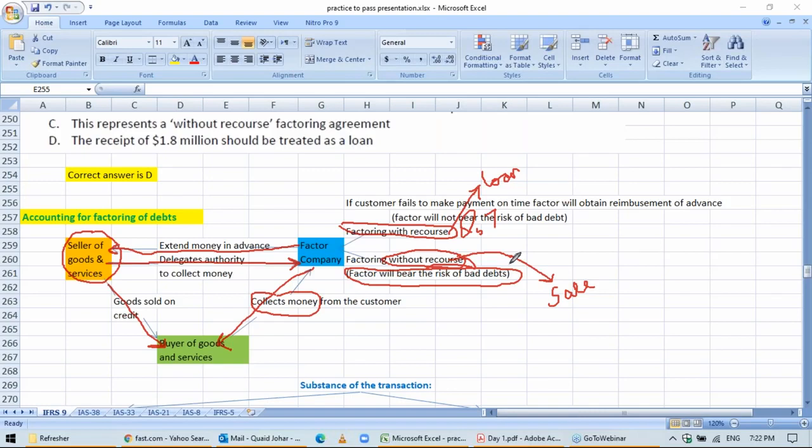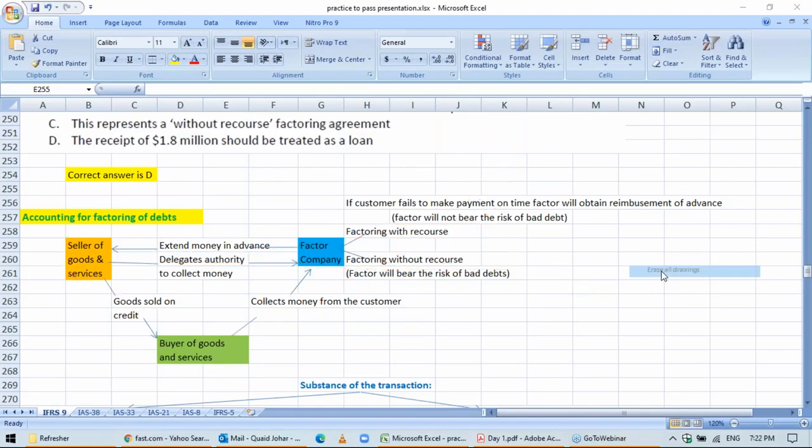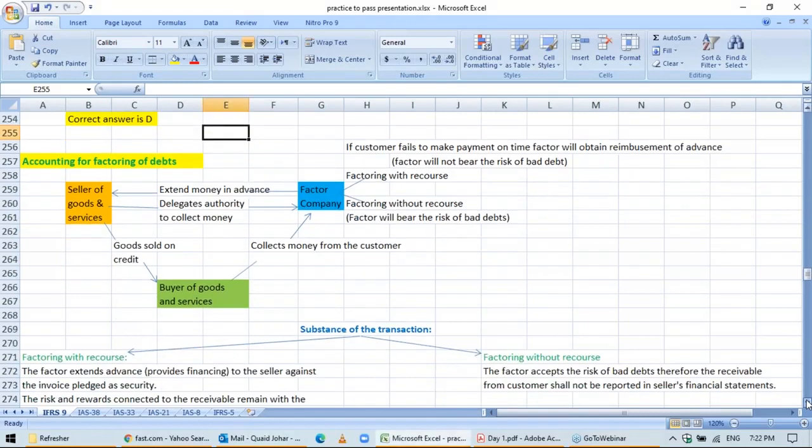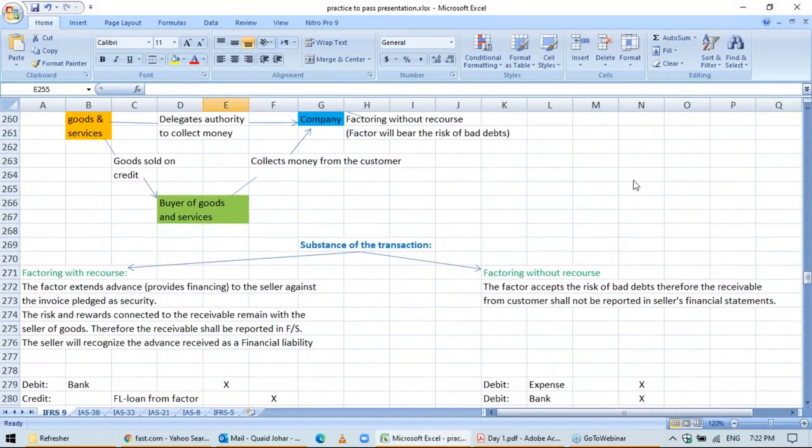So in that case, that's a sale because he accepts the risk. So the substance of this transaction is accounted for as under. So below there is one more diagram where you can see the accounting treatment of both these factoring arrangements. So let's move on to the diagram. The substance of the transaction. Students, please go through these two accounting treatments.